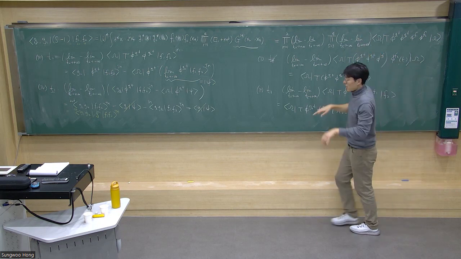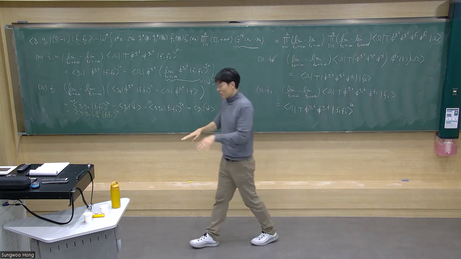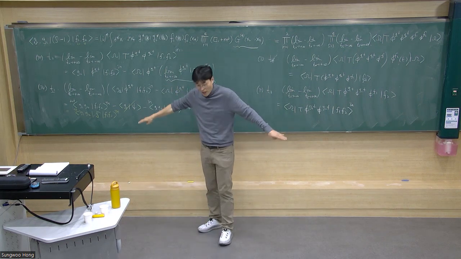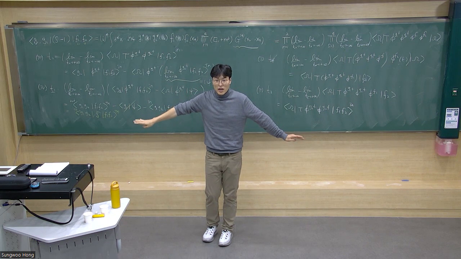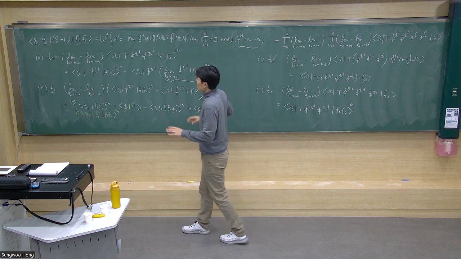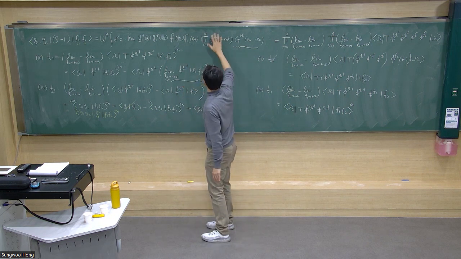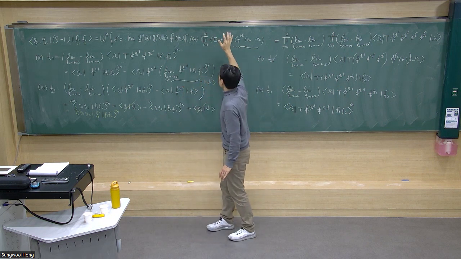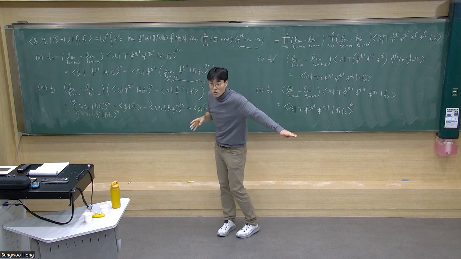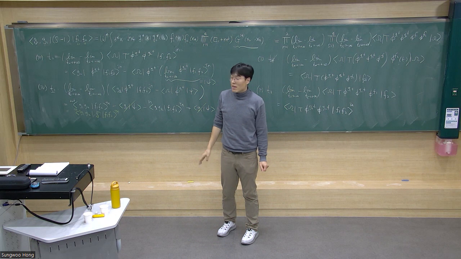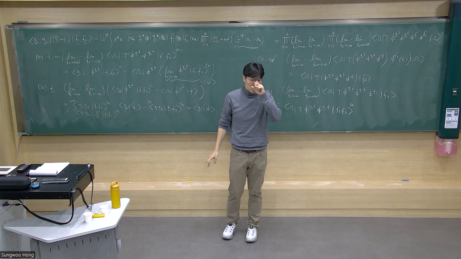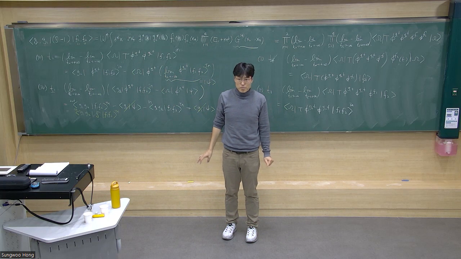Because of that, you are forced to take the long distance propagation limit. Therefore, you are forced to take the on-shell limit. By doing so, you turn things into an asymptotic state, and then you have amputated. So this is designed in such a way that you amputate by taking the on-shell limit, and then the only thing left over is the S matrix.